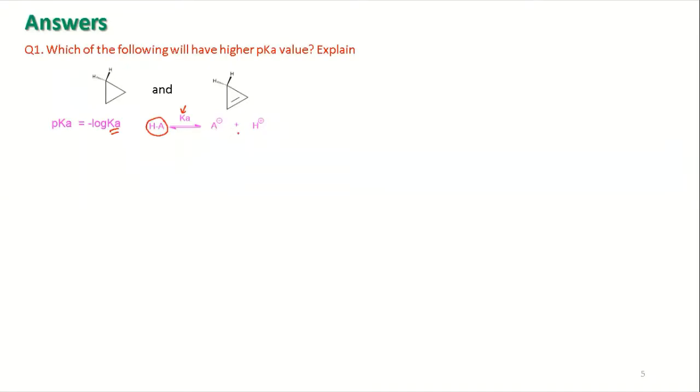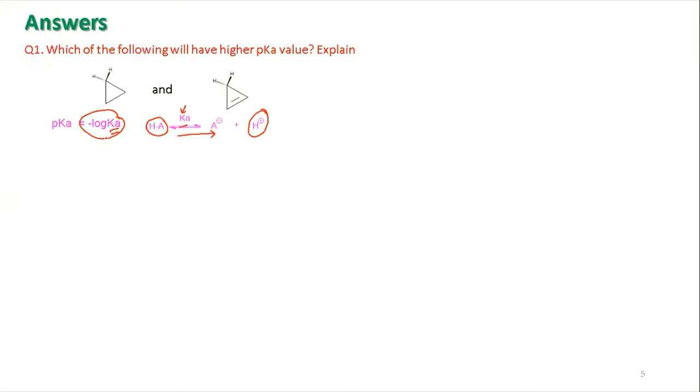The higher the Ka, the more it will be dissociated. If K is more, your equilibrium will shift in this direction. The higher the K value, the more the equilibrium is shifted to the right. Got it? It means it will produce more H plus. And more K means minus log K will be less.